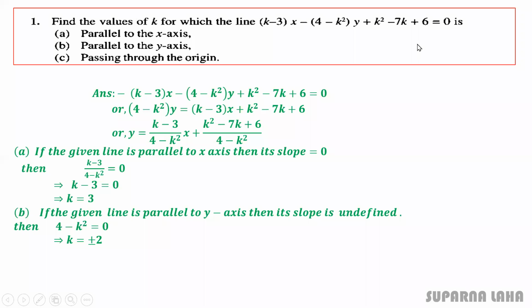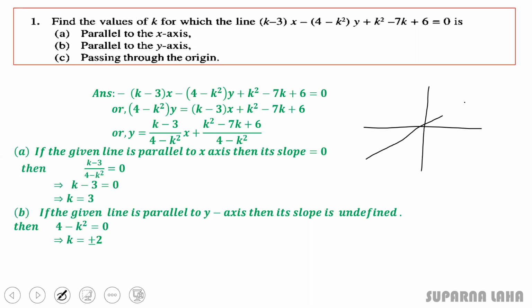Now the third one. The third condition is passing through the origin. If the line is passing through the origin, draw the diagram first. If we draw the diagram, it will look like this. This is the x-axis, y-axis, and this line is passing through the origin.